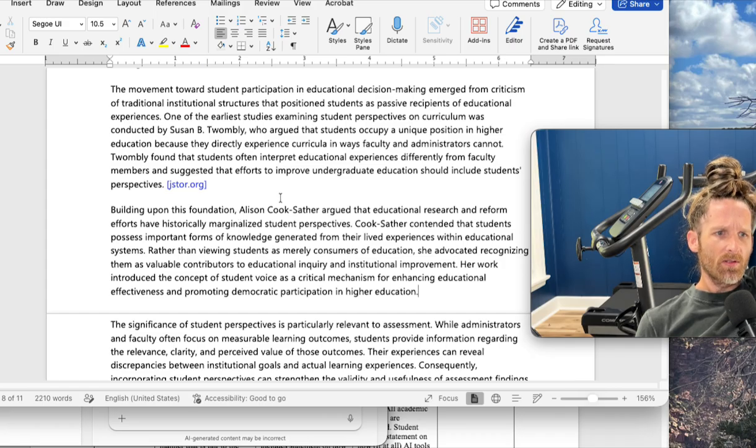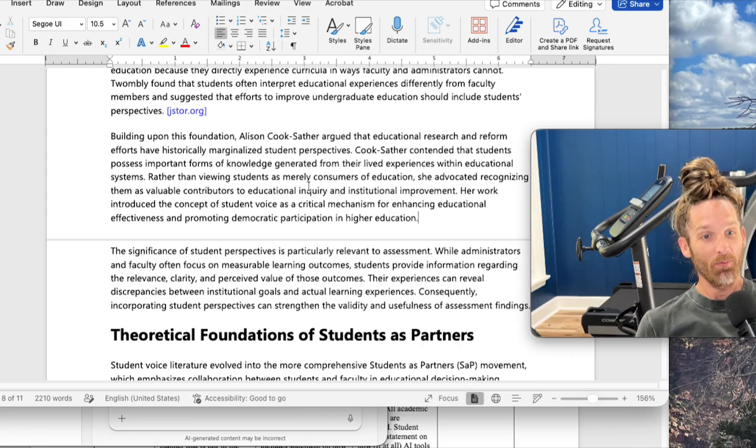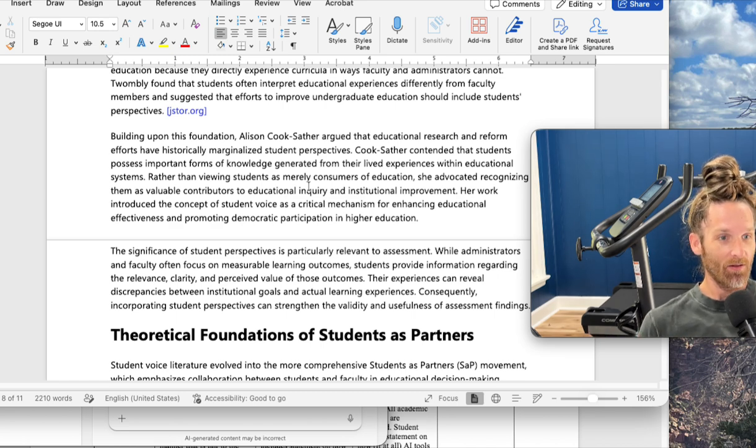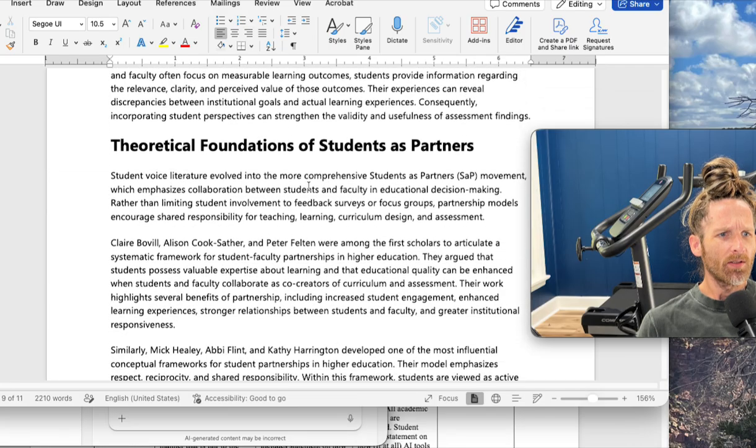Her work introduces the concept of student voice. To be fair, I didn't read Cook-Sather any closer than that. So if you remember, I referenced Cook-Sather because they inspired the author that I found so compelling. So let's see what else.